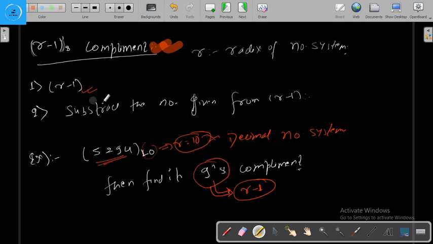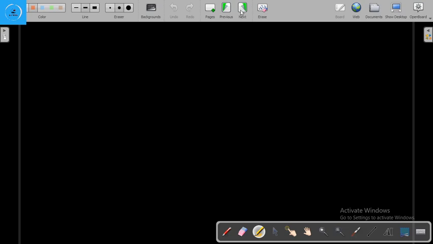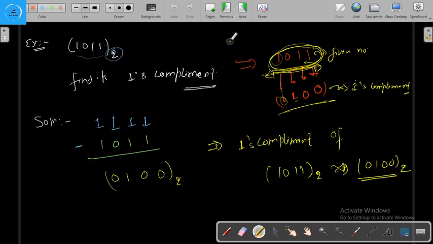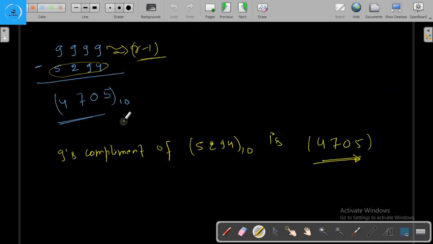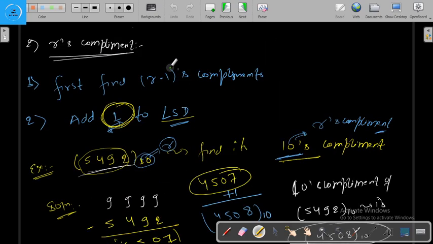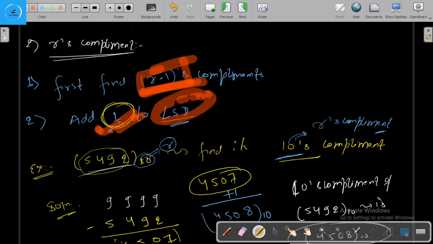So first write r minus 1 that many times, and then subtract the given number from it to find the r minus 1's complement. For finding the r's complement, simply find the r minus 1's complement first, and then add 1 to the LSD.